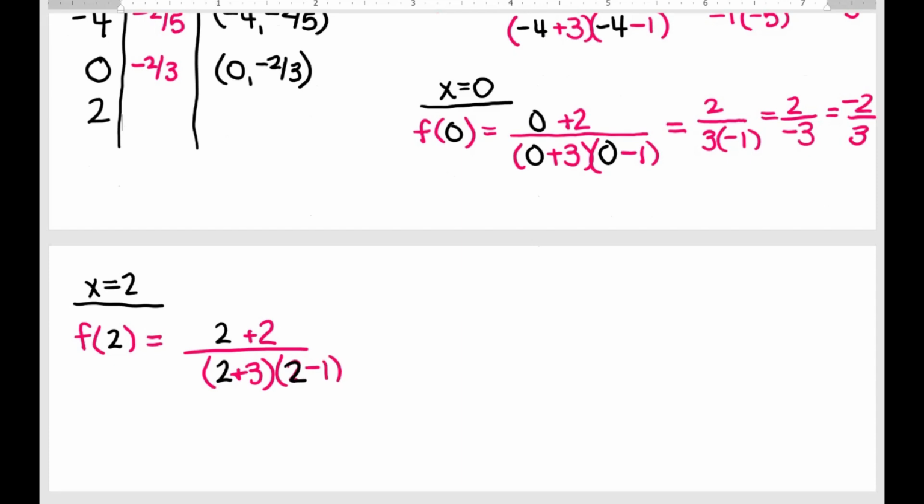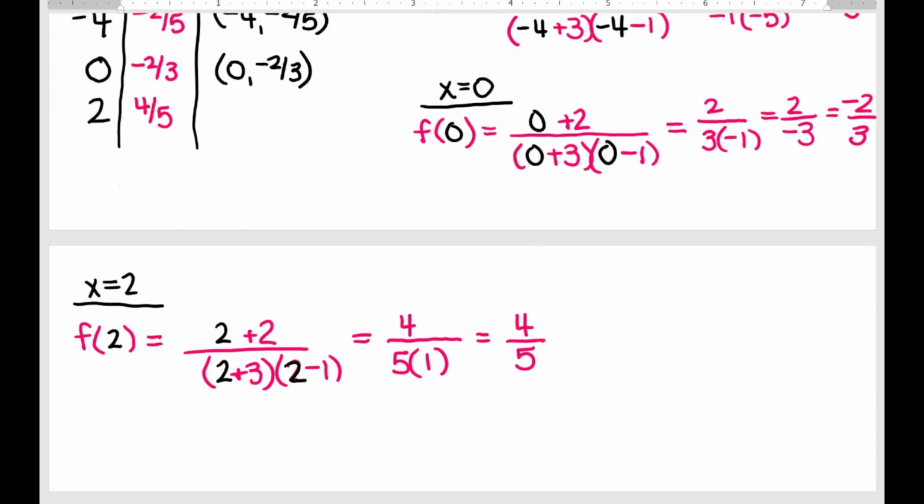And let's go ahead and work on simplifying. Up top, 2 plus 2 is 4. In the bottom, 2 plus 3 gets me 5 times the 1 that comes from 2 minus 1. And I get positive 4/5.